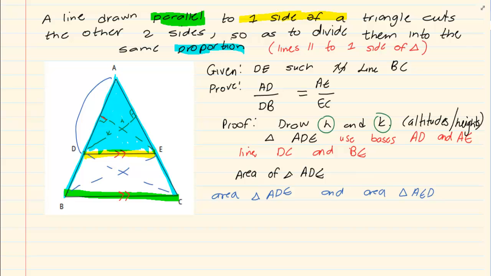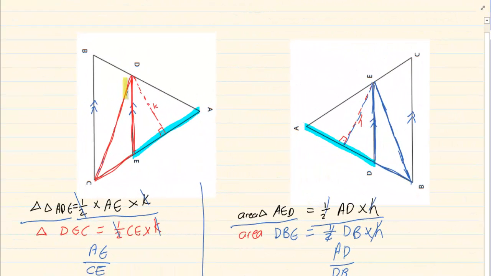Now let's look at the next triangles. I want you to look at DEC, and then I want you to look at DEB. If you look, they both have a common base. Can you see their common base? Look here. And they are between the same parallel lines.